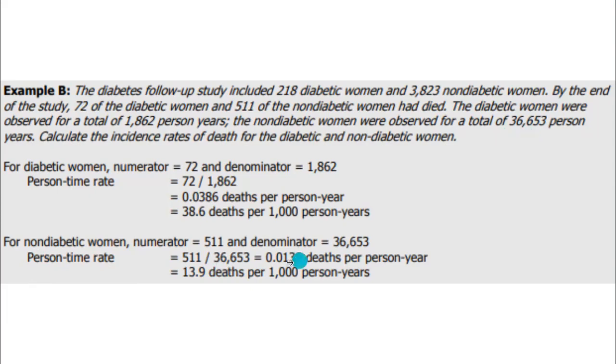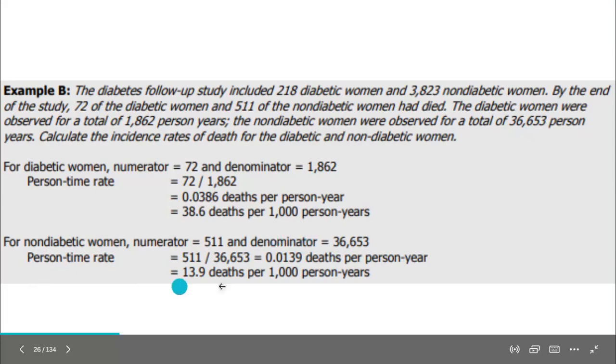So we calculate that, get the quotient, and get a value of 0.0139 deaths per person year. Again, this is not a reasonable value, so we multiply it by 1,000 as a factor, and we now get 13.9 deaths per 1,000 person years.